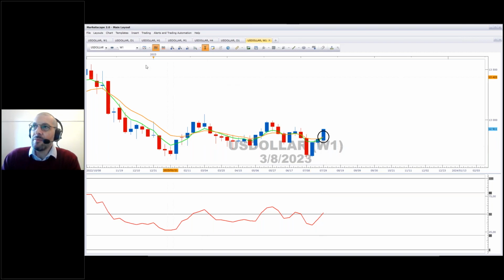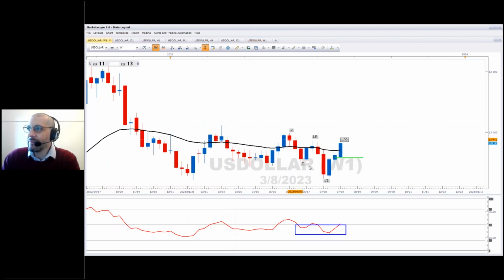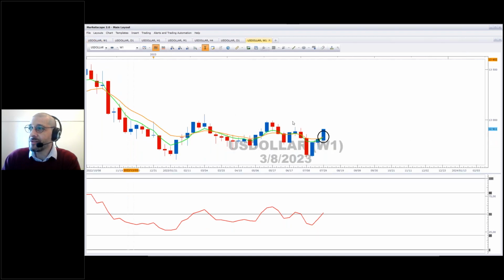If we go back to the weekly chart where we're looking at peak and trough analysis, we're looking potentially for a lower peak. In other words, for the downtrend to potentially continue. Now, I know that we don't have the LP, that's what the LP question mark is, but if we go through to the template that we've introduced, it's actually a bullish signal. So we're going to have to see how this plays out.